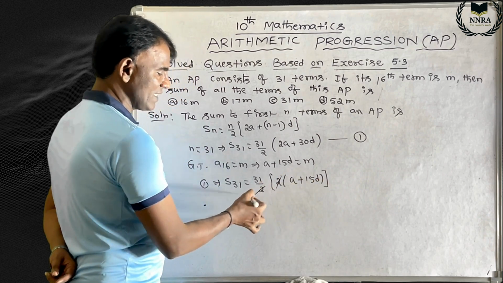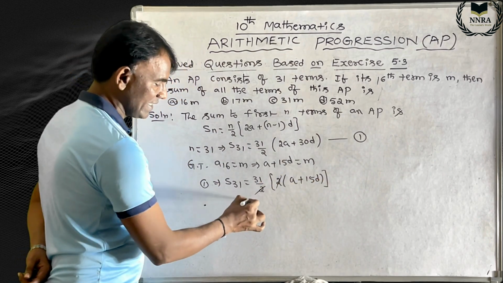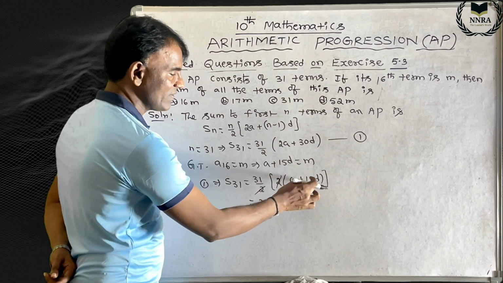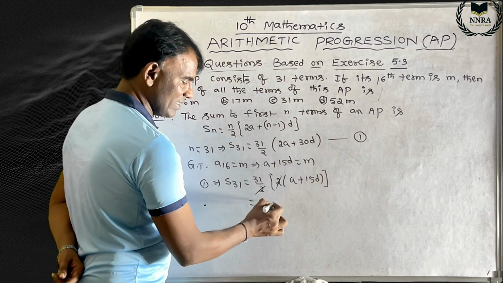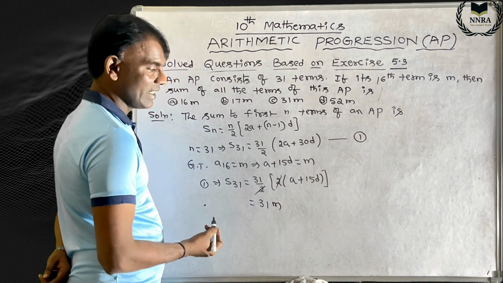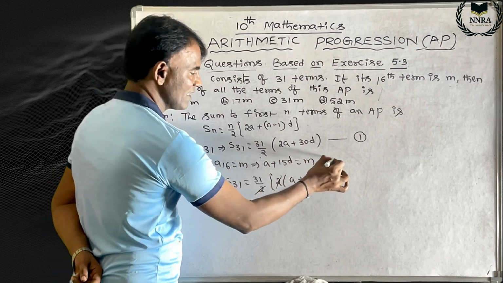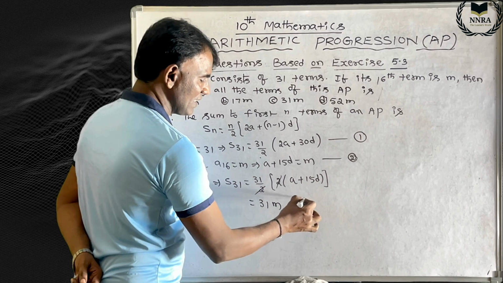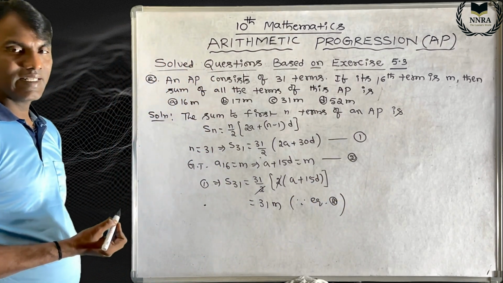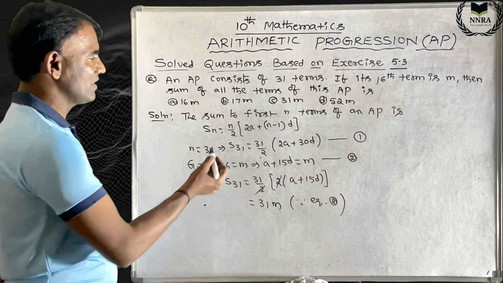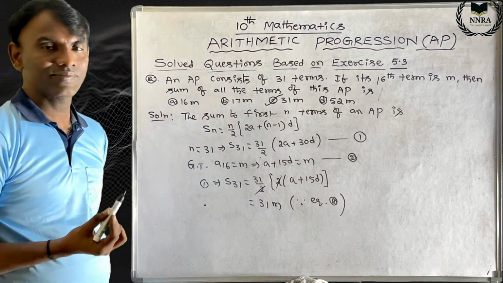Now both get cancelled. That equal to 31 times (a plus 15d), and a plus 15d is equal to m. Just write here m, from equation number 2. So the answer is 31m, which means the third option.